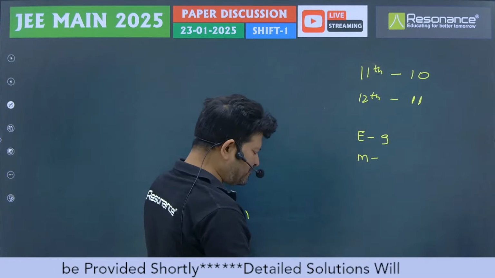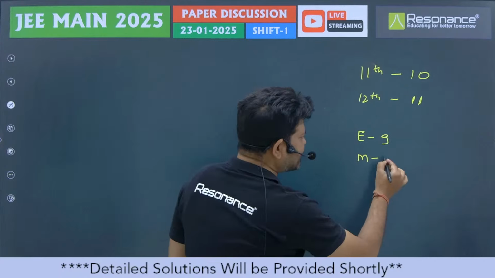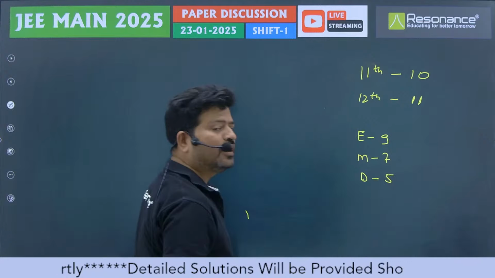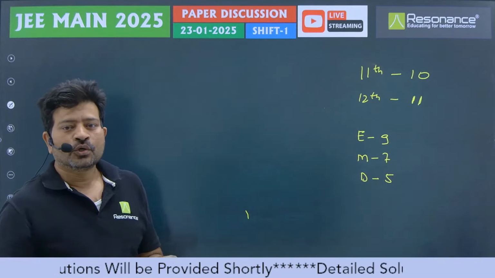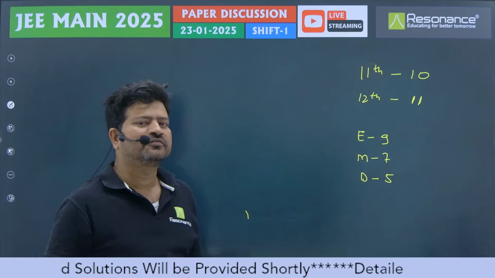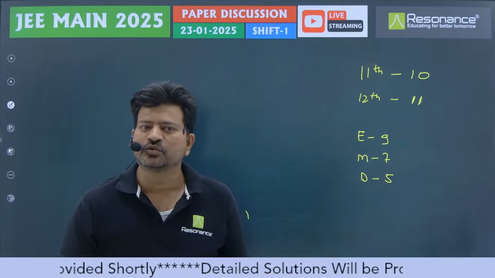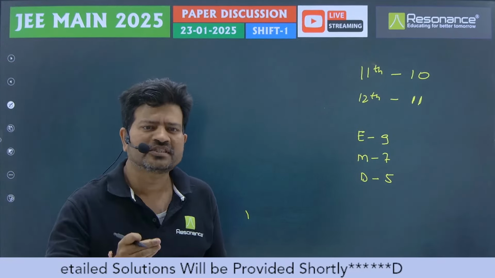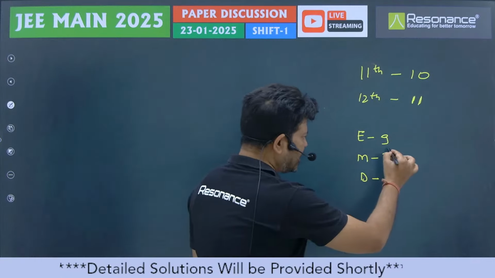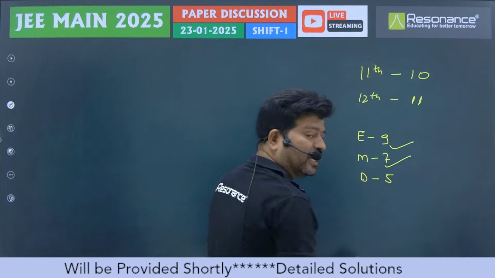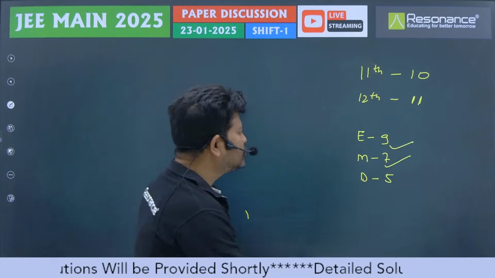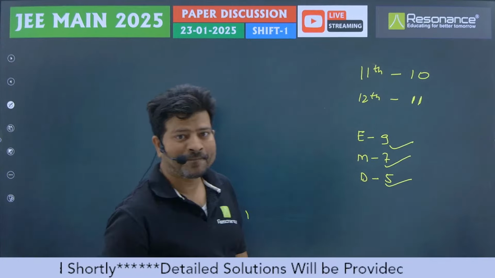Medium level questions, we can find 7, and difficult level questions, we can find 5. It is not that there is conceptual difficulty; they are lengthy. Once you start doing the calculation, obviously it will take more time. So easy 9, moderate 7, and difficult, or we can say lengthy, 5 questions.